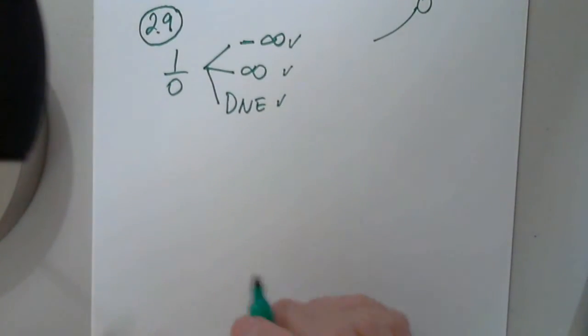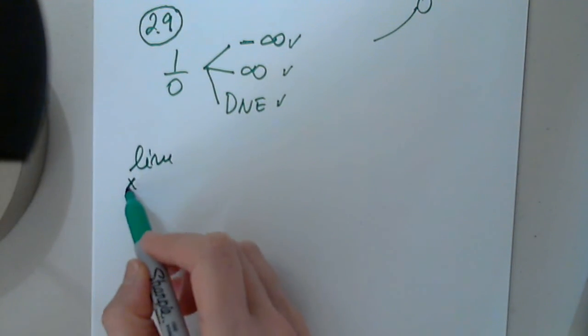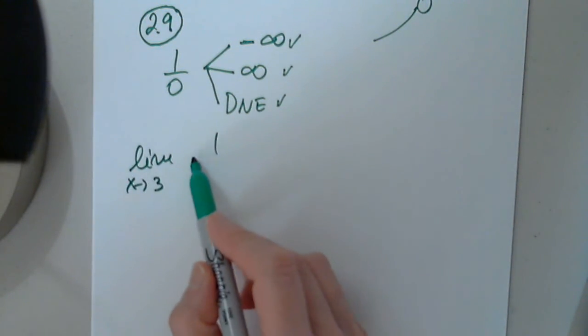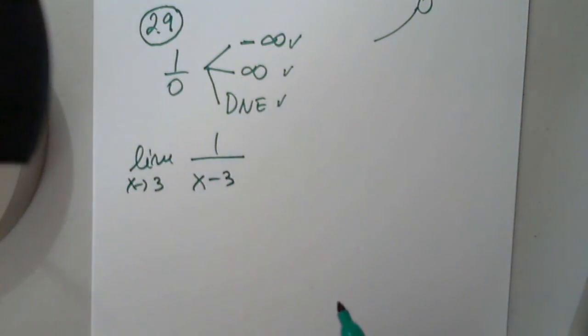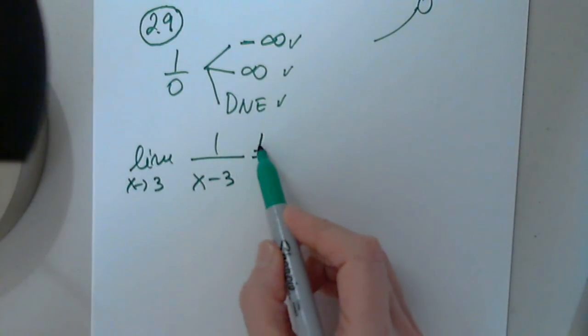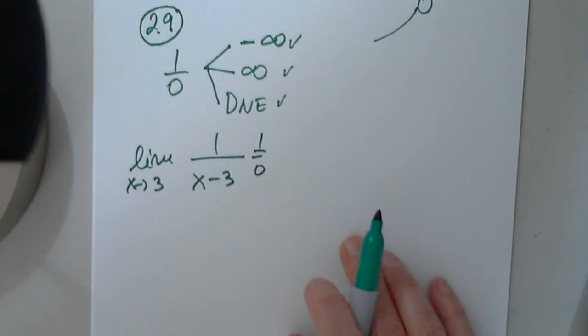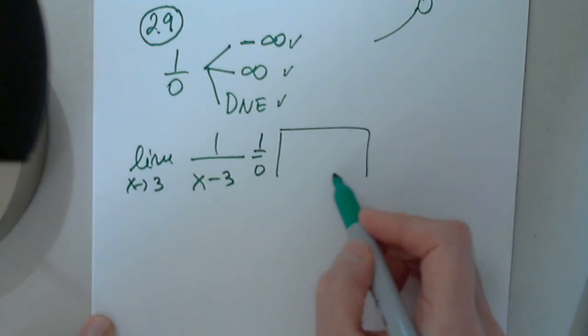Now, let's talk about this. As x approaches 3 from either side of 1 over x minus 3. Here I have 1 over 0 like we just did, but I cannot conclude.